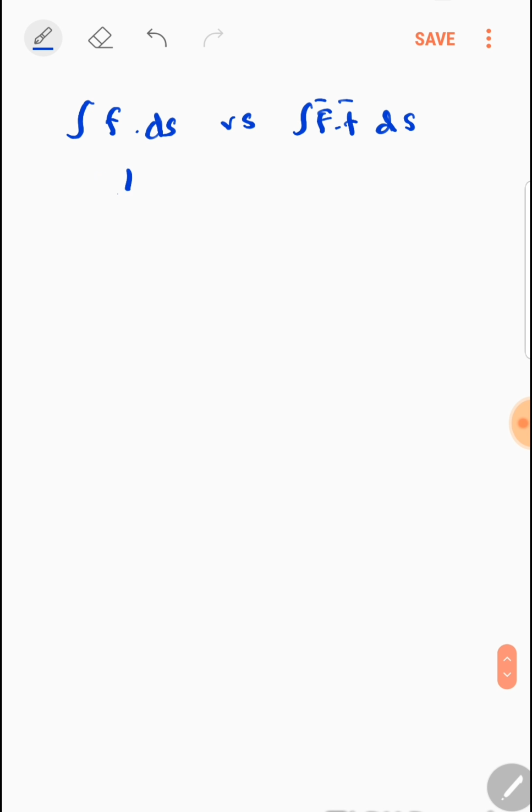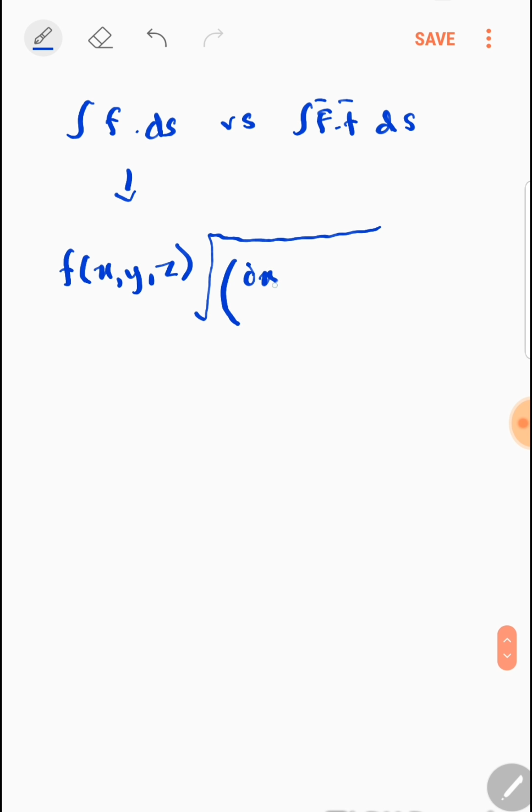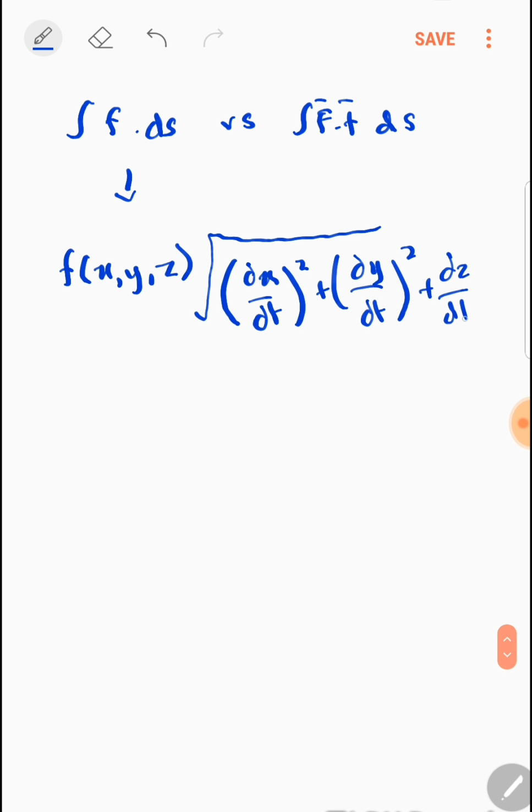So I'm just going to write this down. I'll have a function f of x, y, z, and then remember, whatever you saw earlier, you multiply it by the square root of dx over dt squared plus dy over dt squared plus dz over dt squared. Alright, don't forget the integral. So this is what it is for f dot ds.